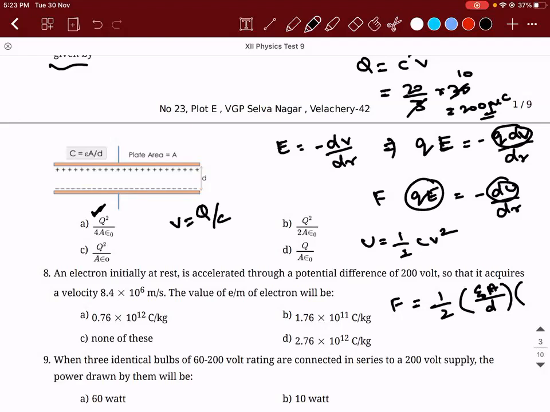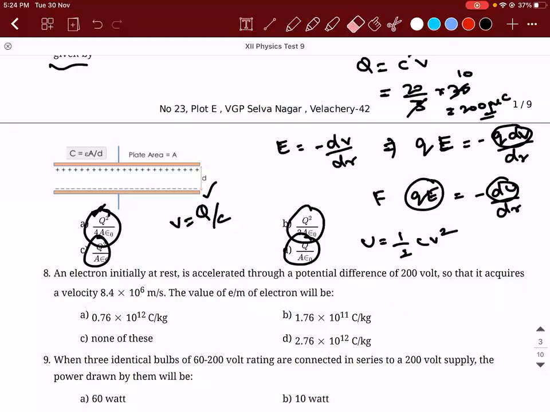I could have used ED, but I'm looking at the options. Options don't have E. That is why I'm trying to use Q divided by C. Q is equal to CV.